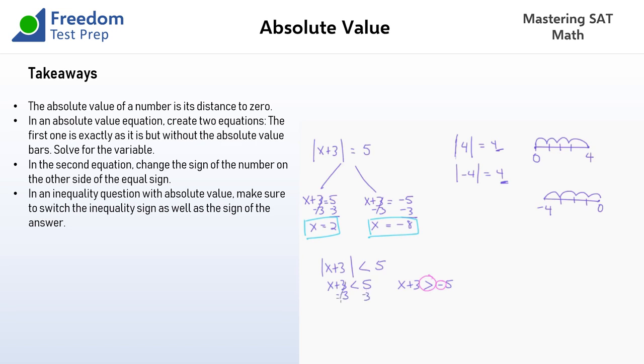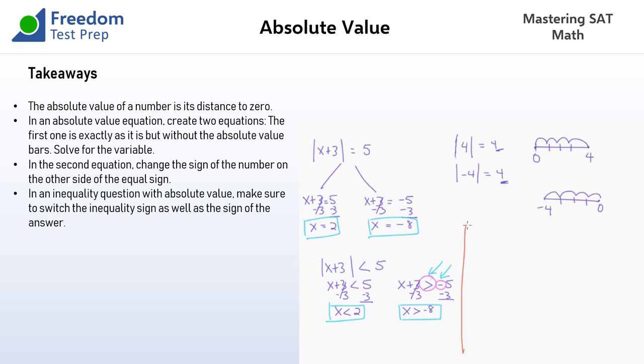We subtract the 3's and we get x is less than 2. And we subtract the 3's and we get x is greater than negative 8. Okay, so that is kind of the most important thing, is switching these two.